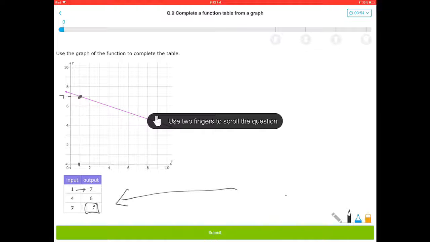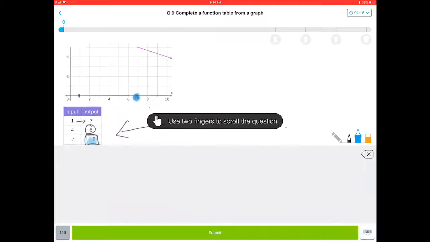When X is 4, you go up. What is Y? 6. See? 6. Now the next one. When X is 7, here's X is 7. What is your Y?